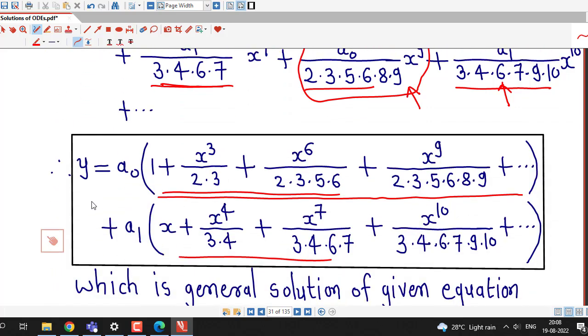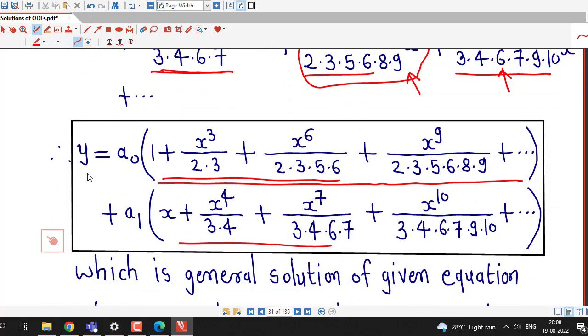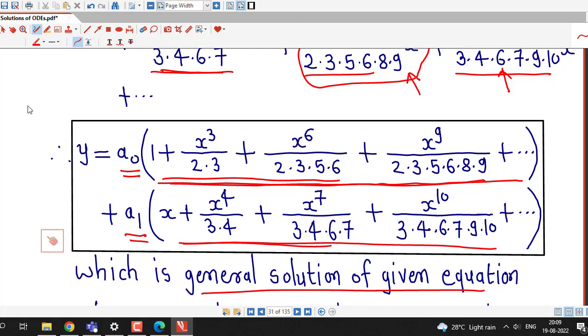So finally our power series solution is in this form: y equal to a0 into some power series in powers of x plus a1 into another power series in powers of x. So this is the general solution of the given equation. We know that if I have a second order ordinary linear differential equation, then its solution is in this form: c1 into y1 plus c2 into y2, where y1 and y2 are linearly independent solutions.